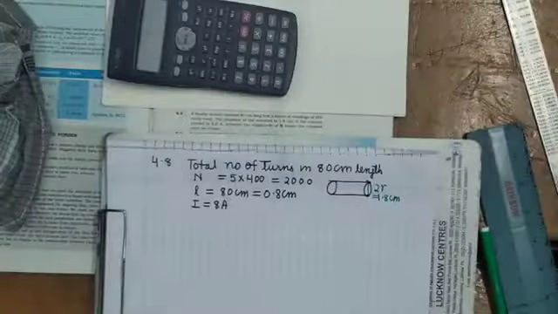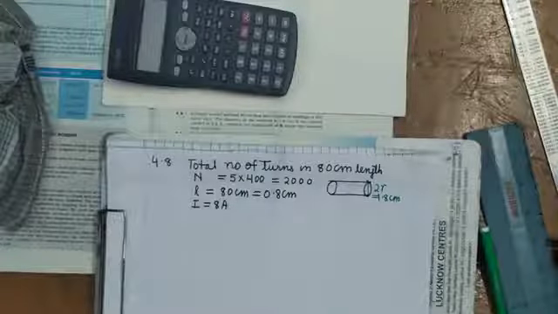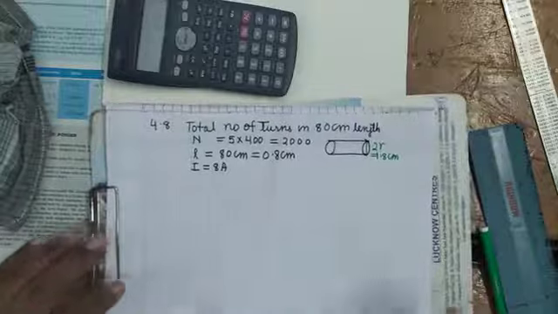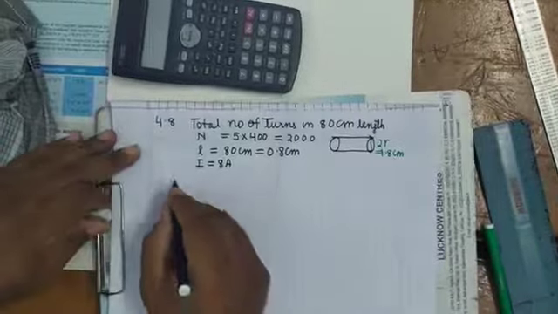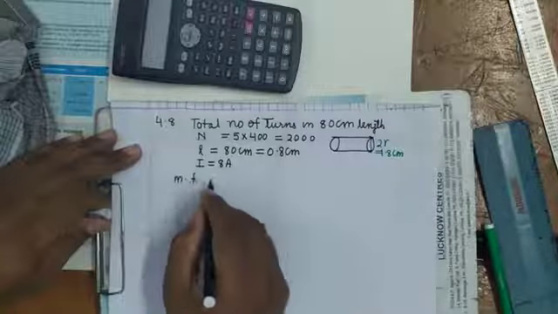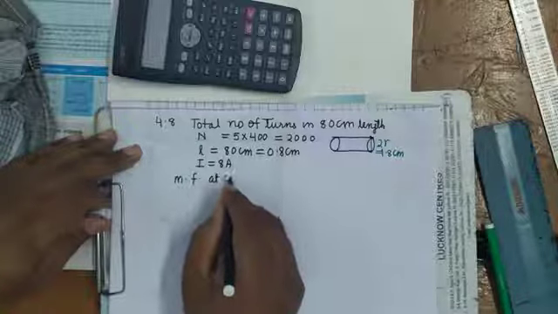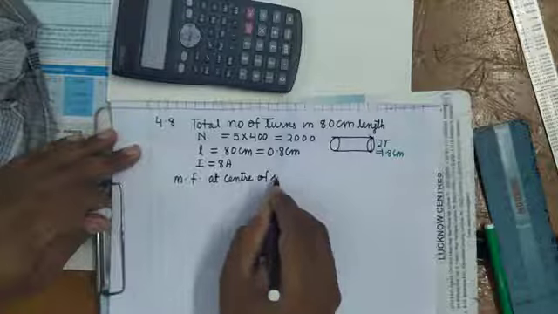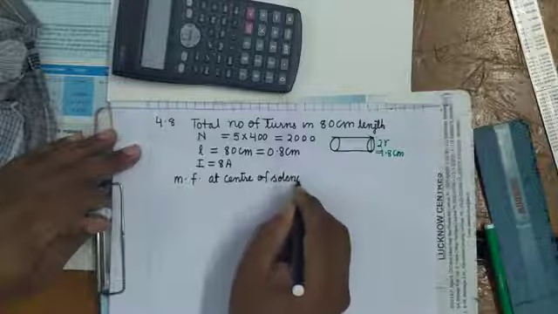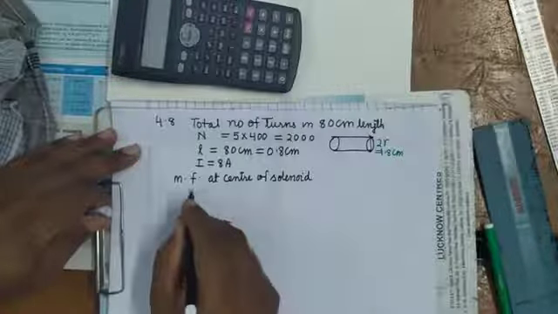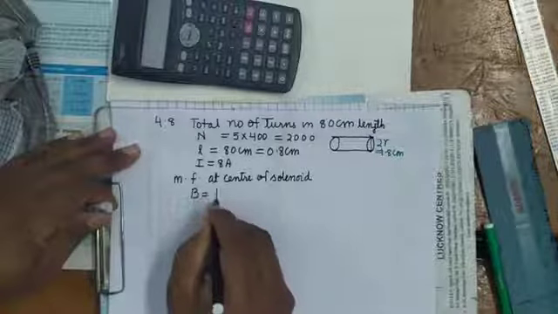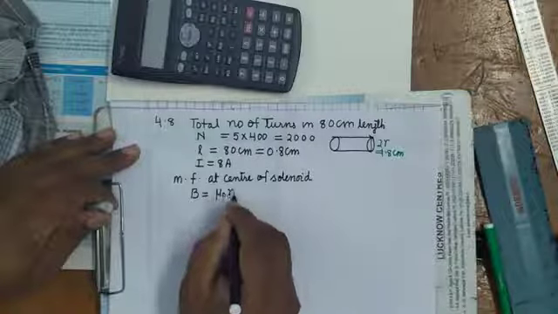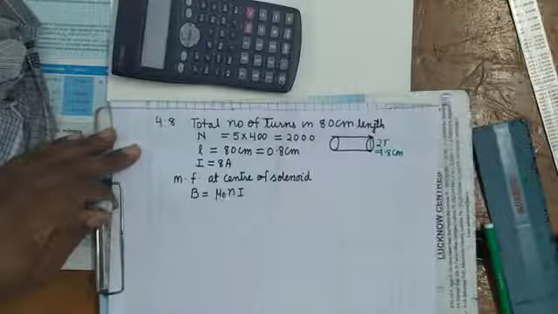So you can see here magnetic field at center of solenoid, B equals mu naught n into small I. What is small n?